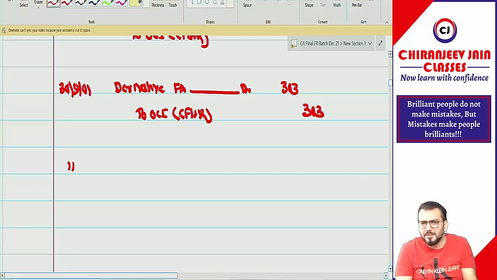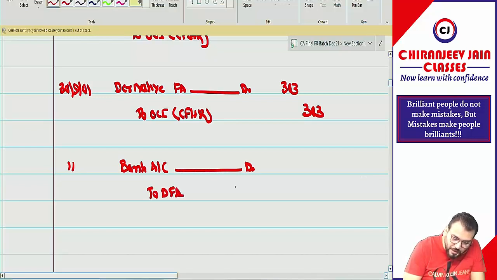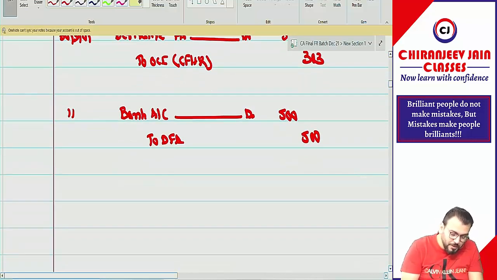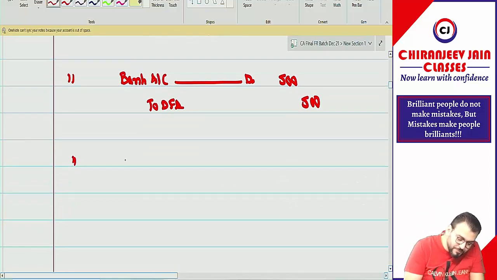Then can the derivative be settled separately? Yes, sir. So what journal entry? Bank account debit to derivative financial asset, how much? 500. And we will do one sale journal entry. Sale journal entry is what?